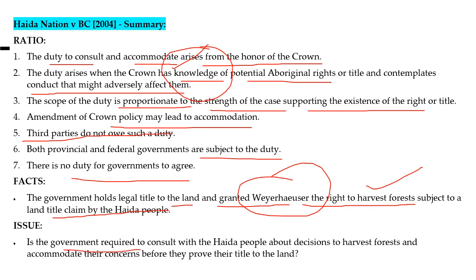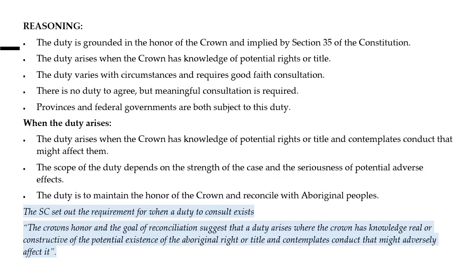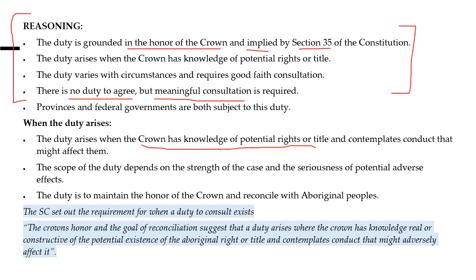So is the government required to consult with the Haida people about the decision to harvest forest and accommodate their concerns before they prove their title to the land? So the duty is grounded in the honor of the Crown and implied by Section 35. So all these things we talked about earlier under the ratio. So there is no duty to agree, but as I told you, negotiation and meaningful consultation are required. The duty arises when the Crown has knowledge that some right or title exists that might affect Indigenous people.